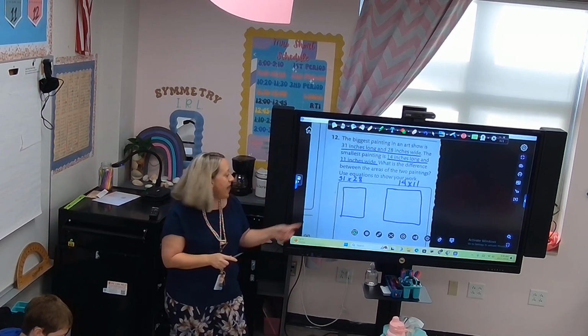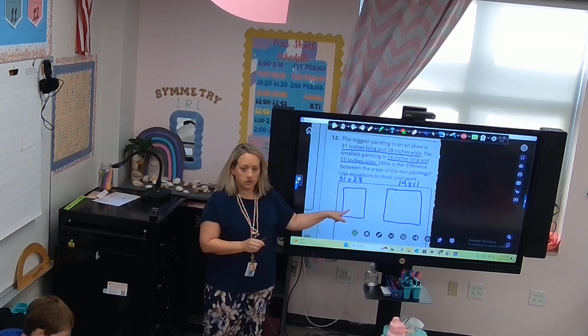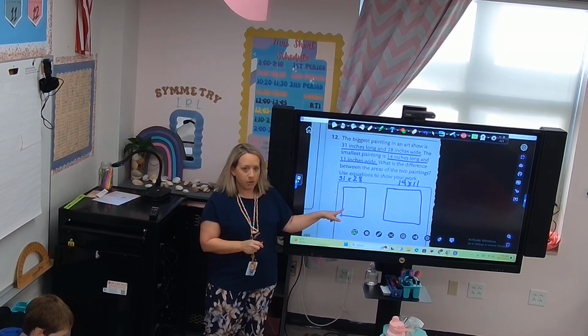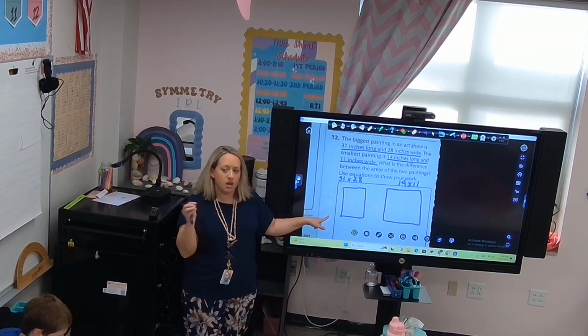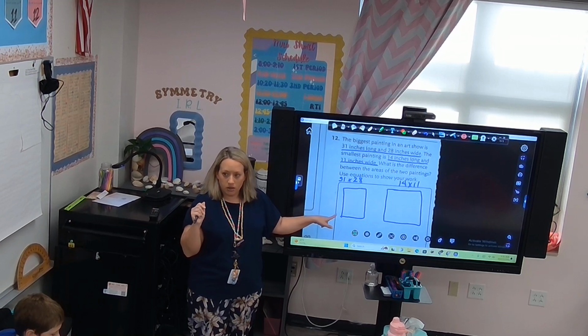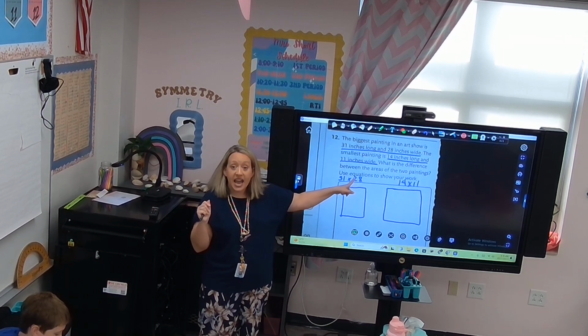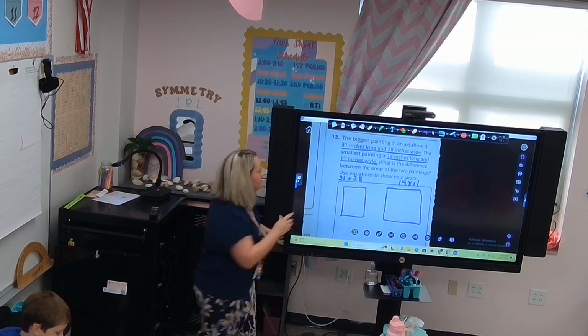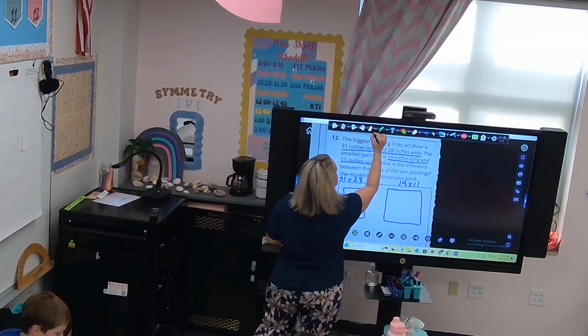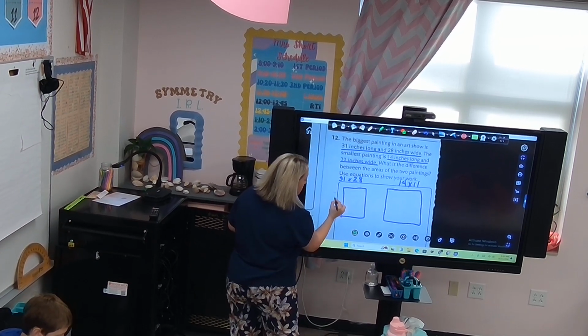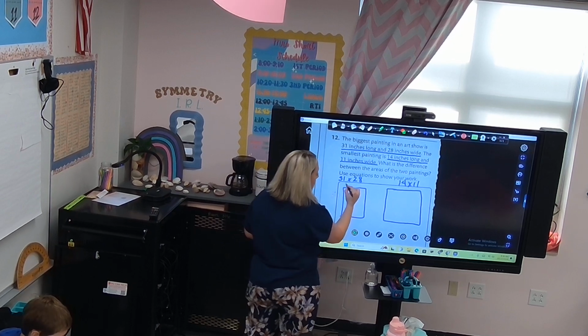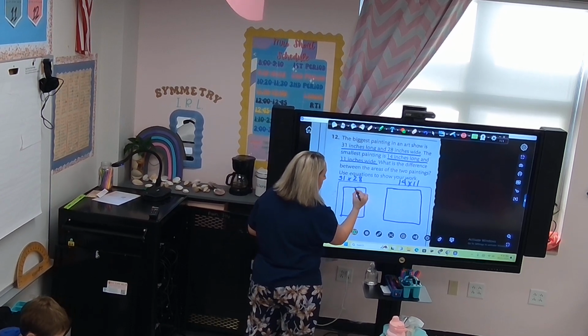How are you going to find the area of this box? How do we find the area of any box, of any rectangle? Well, you're going to multiply, right? You're multiplying 31 times 28. That's right. So we're going to break these down into 30 and 1 and 20 and 8.